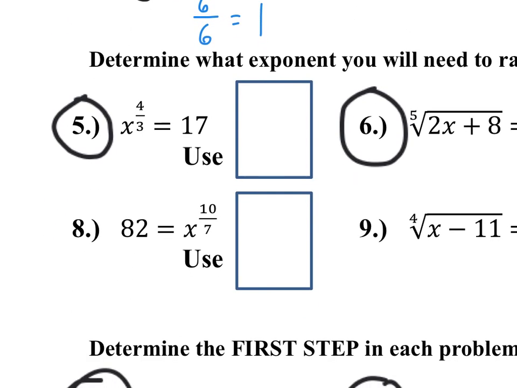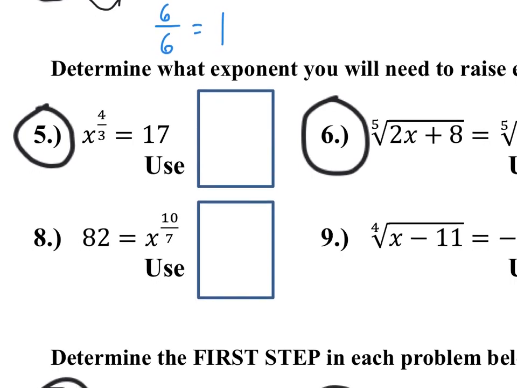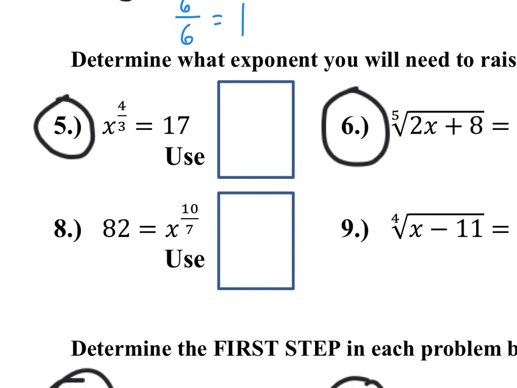Alright, let's apply that to some other problems. Now in problem number 5, if we want to solve this problem for x, we need to raise both sides of this equation to the reciprocal of the fraction exponent. Since the fraction exponent is 4/3, we want to raise both sides of the equation to the 3/4 power.